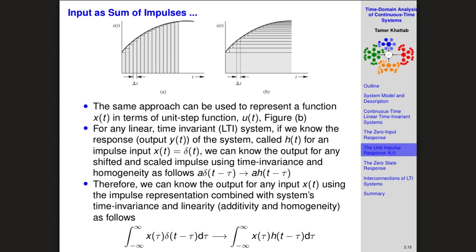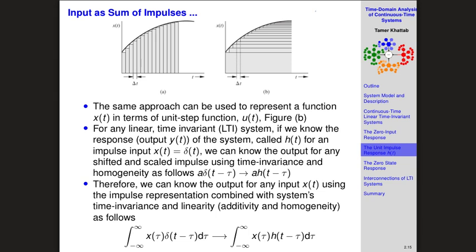Is it clear to everyone? That's the critical point. It's the output from that system when I put a delta function at the input of the system.